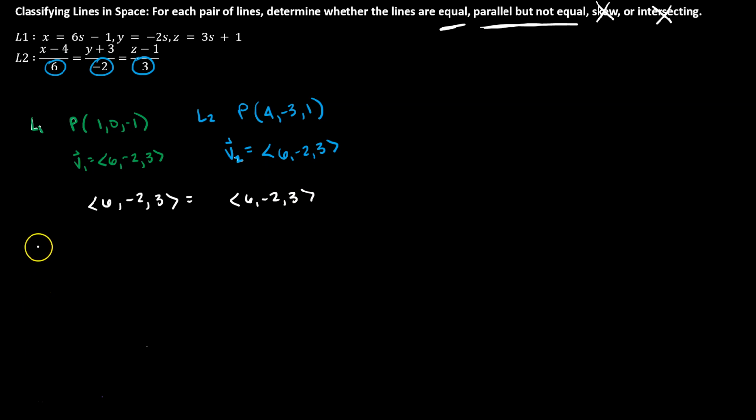To find out if they have any points in common, we need to create that system of equations. So from line 1, and then from line 2, we need to set those equal to a parameter. I'll use t.